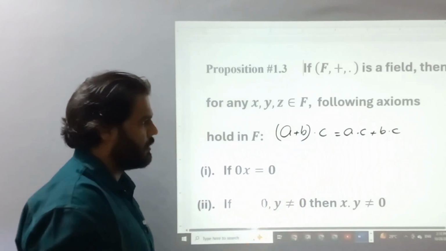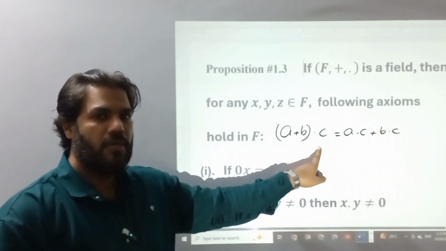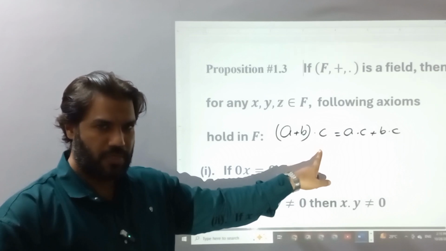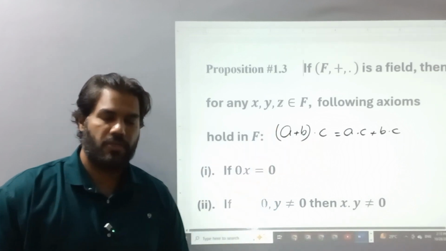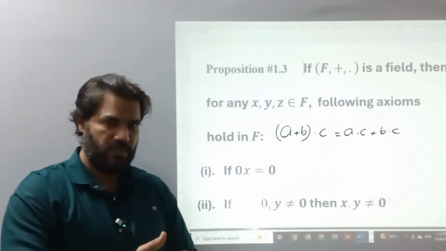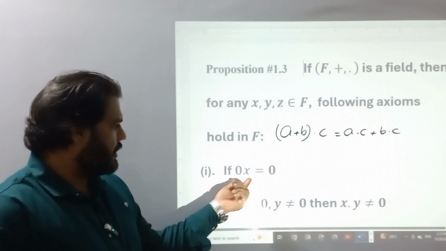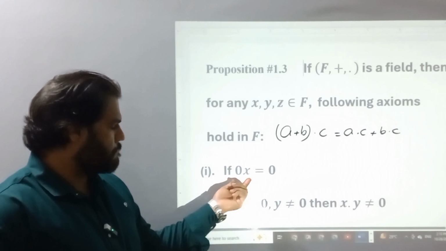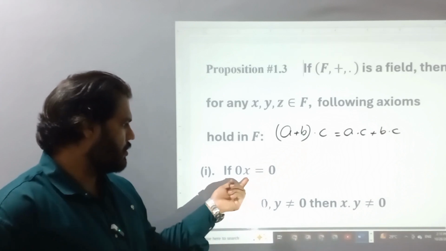Because here we are multiplying c from the right side, that's why this is called the right distributive law of multiplication over addition. If we multiply c on the left side, then it will be called the left distributive law of multiplication over addition. So here we will apply the right distributive law of multiplication over addition.